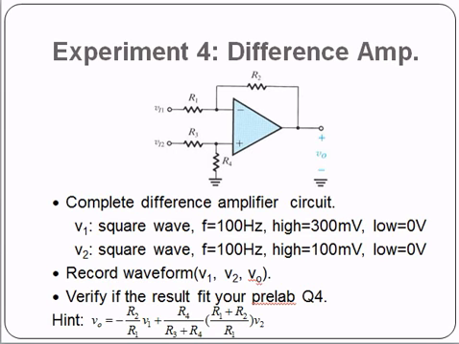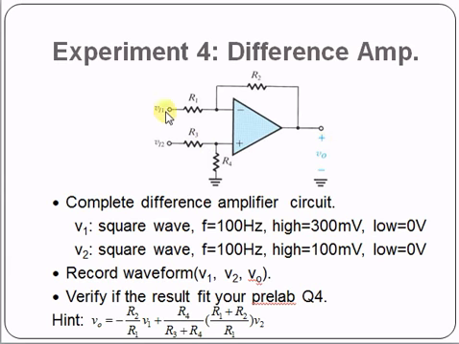Experiment 4. Complete the circuit and input the following signal using the method that we described in the previous experiment. In this lab, in order to show the effect of the difference amplifier, we wish you to record clearly the relative positions of V1, V2, and Vout.